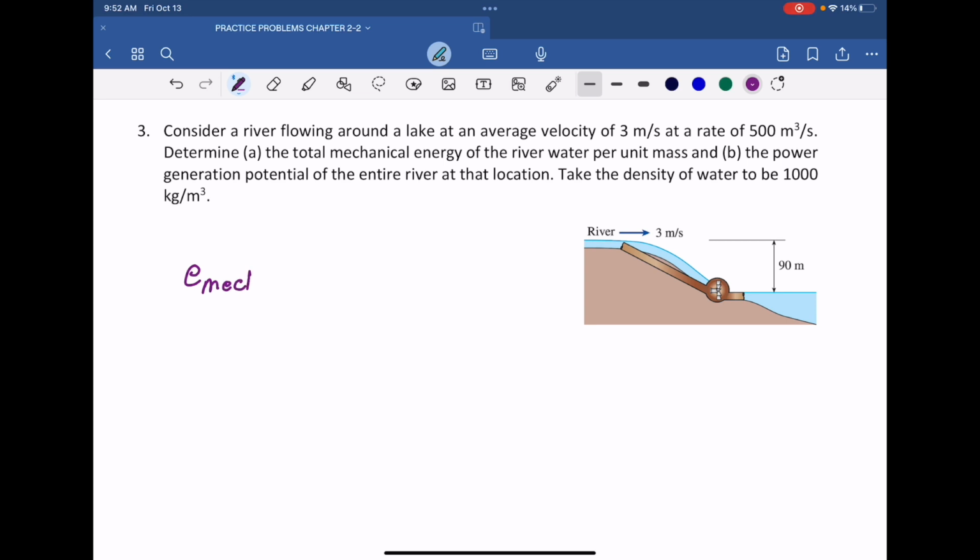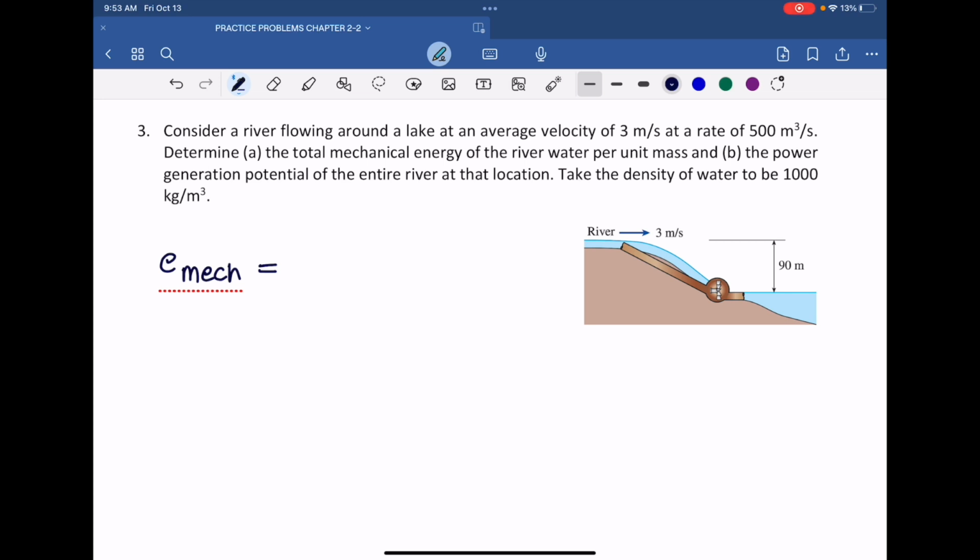This was mechanical energy per unit mass, right? And we learned that it is equal to the sum of flow energy, potential energy, and kinetic energy. But the flow energy is related to the pressure of the flow, and there is no information given in terms of the pressure.